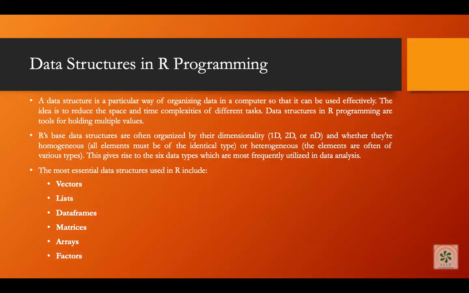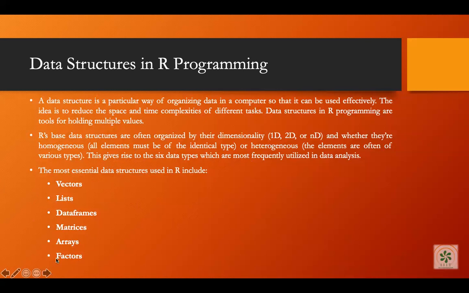But here with different data structures, we can have heterogeneous data. It means that the data which we are putting in one data structure could be of different types, right? That can be there. This gives rise to the 6 data types, which are most frequently used in data analysis.